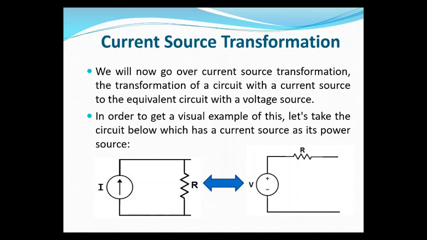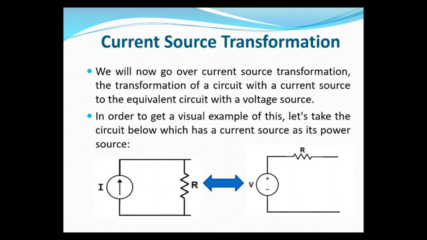See here, the current source I is in parallel with a resistance R. Now this has to be replaced with a voltage source V in series with a resistance R. In these two, the resistance is the same, but it is in parallel with the current source and in series with the voltage source.